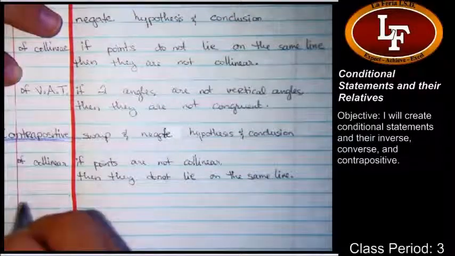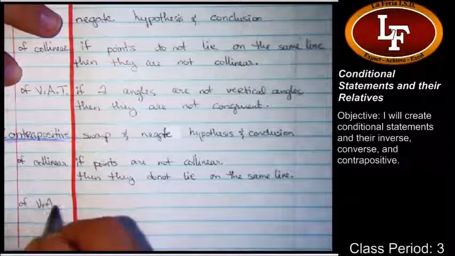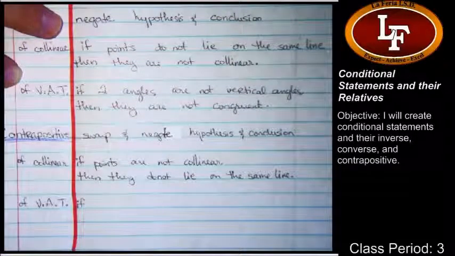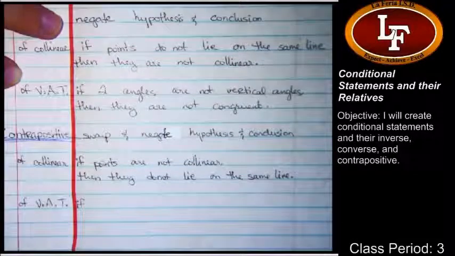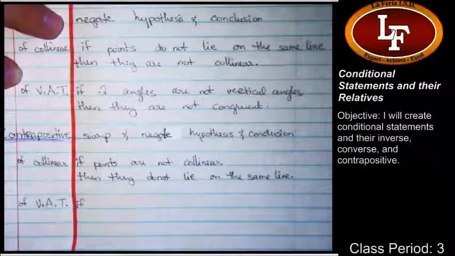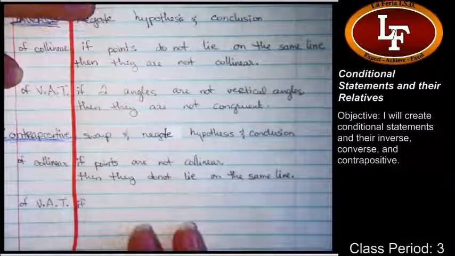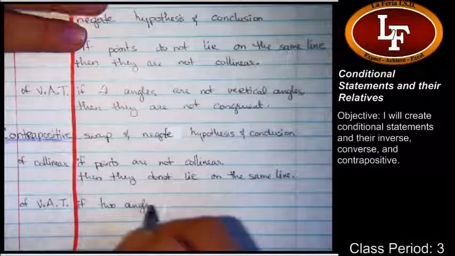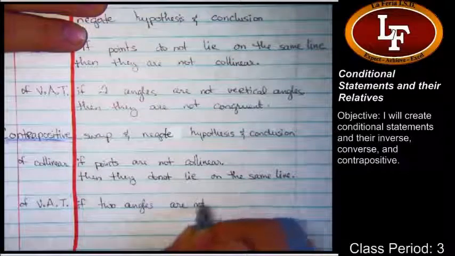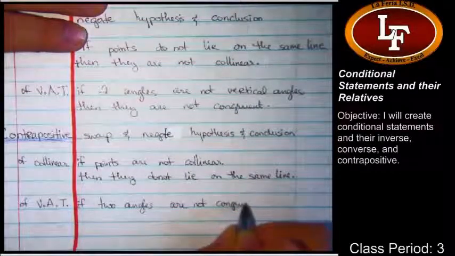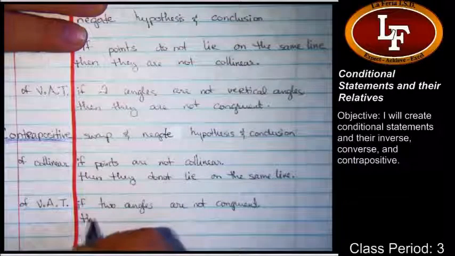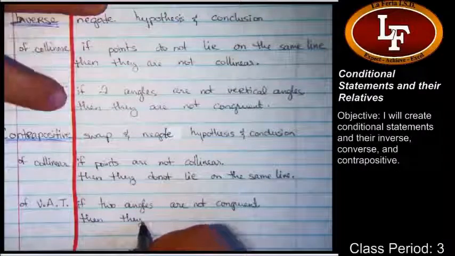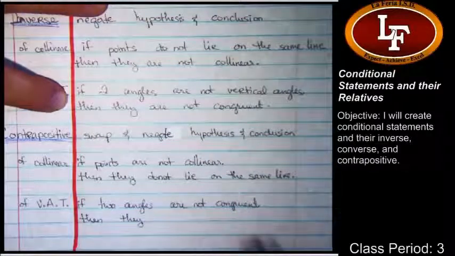All right, let's find the contrapositive of the vertical angle theorem. Since we have the inverse written, visible on the screen, let's go ahead and use that one. If two angles are not congruent, then they are not vertical.